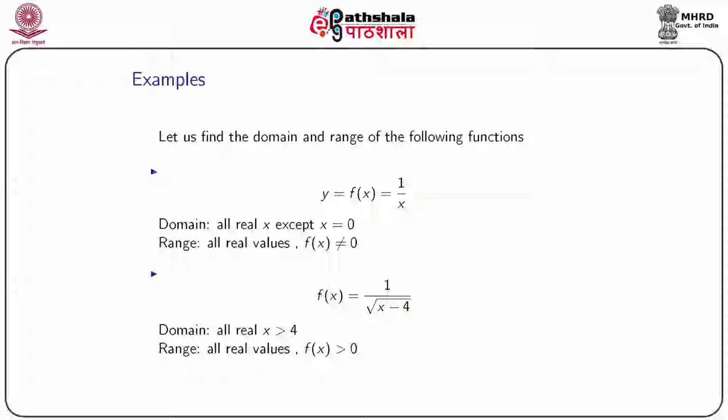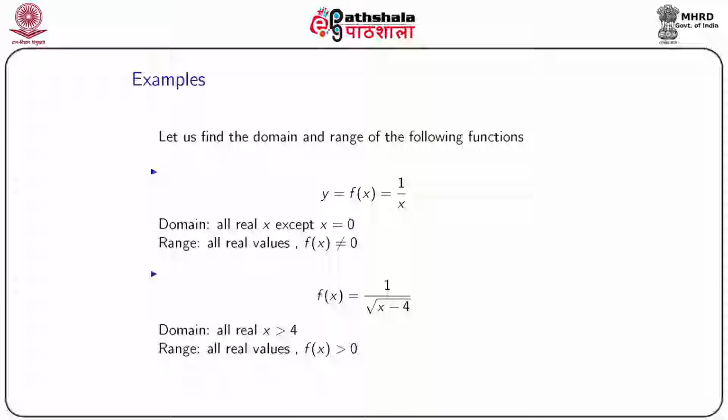If x equals 0, then this function is not defined. So the domain will be all real x except x equals 0. Now the range will be the same, all real values, but f(x) cannot be 0 because x is all real except 0.